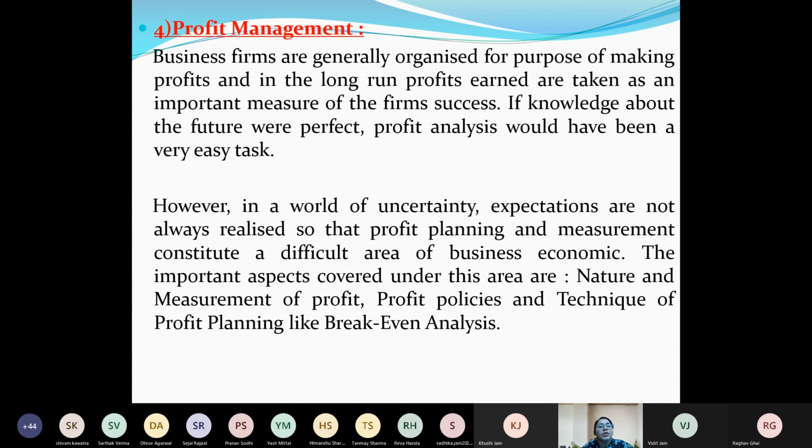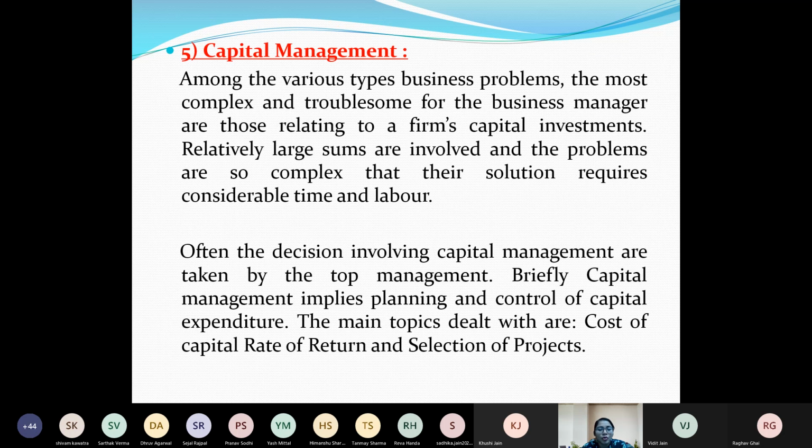Even while taking any loan, you need to show the break-even analysis, and there the utilization of business economics plays an important role. Like we also discussed how capital management is done, related to your investment, right? How much amount you need to invest, how much amount you need to generate from a bank loan or investment, right? All these things need to be ascertained using econometrics techniques and some financial analysis.